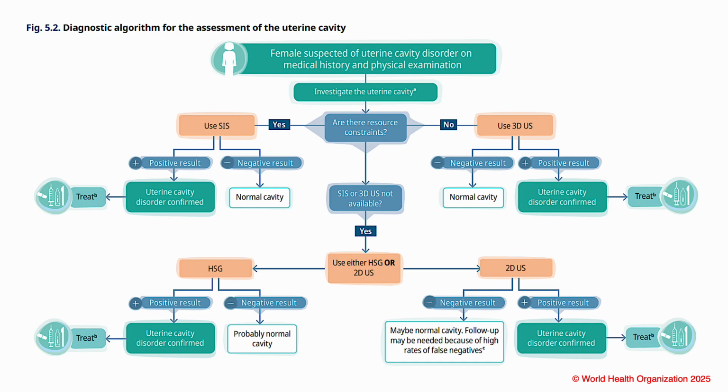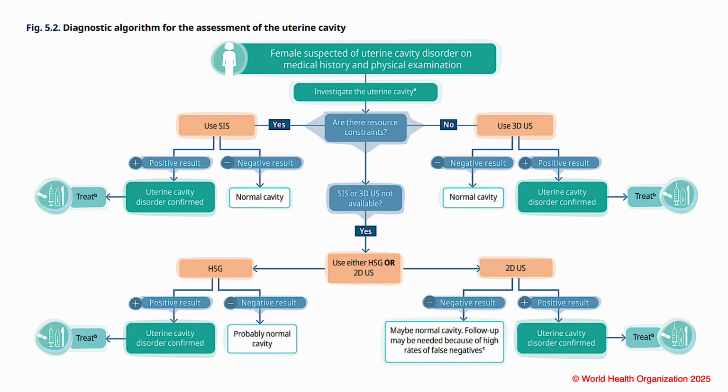In case saline infusion sonography has detected the problem, then further treatment has to be done. In case 3D ultrasound has detected a normal cavity, it means mostly it will be a normal cavity only. But if some polyp or septum or anything is diagnosed, treatment is accordingly.